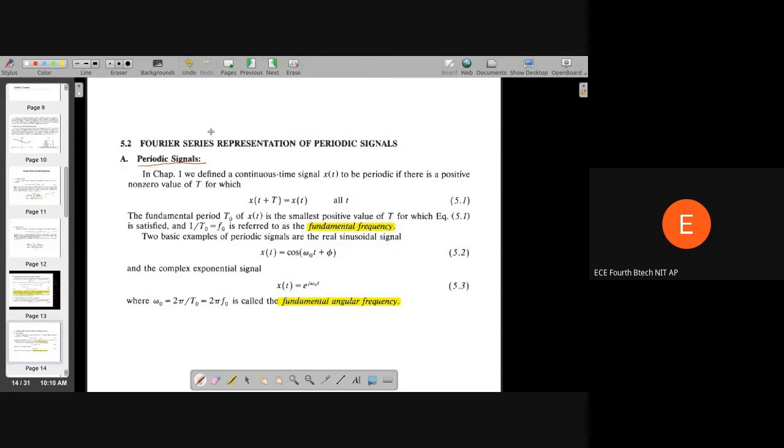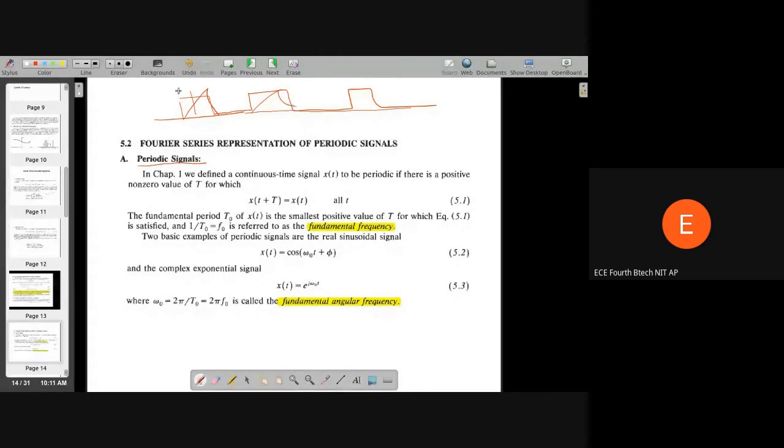So periodic signals, for example, you have something like this. If you have done electronics labs, you have a square wave generator, or a sawtooth wave generator. So these are periodic signals.